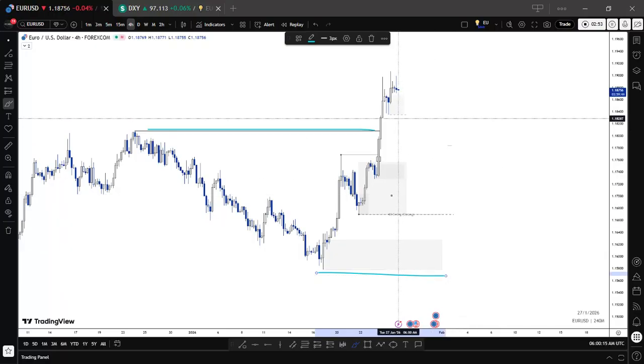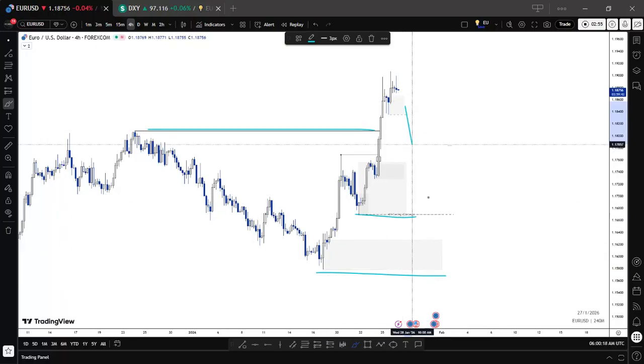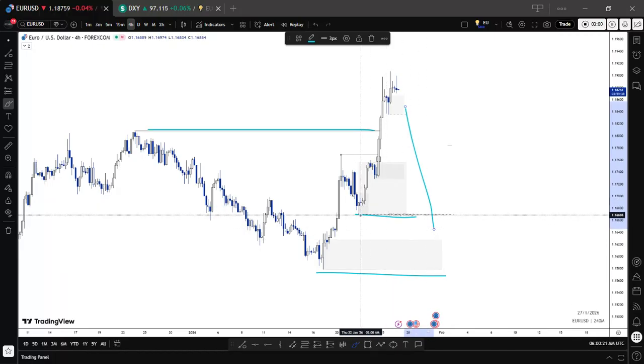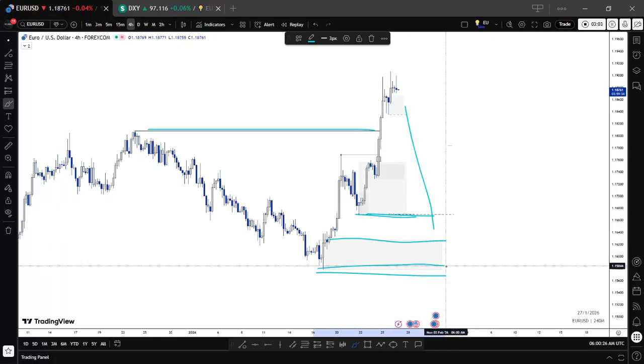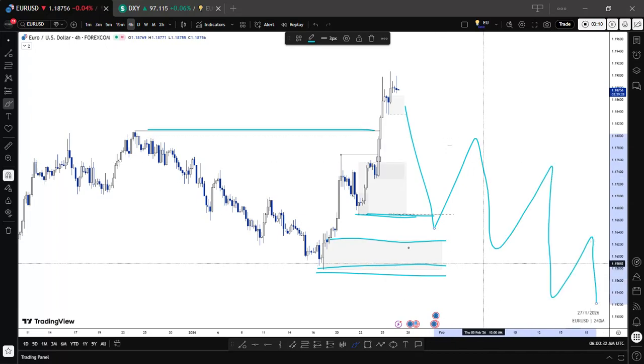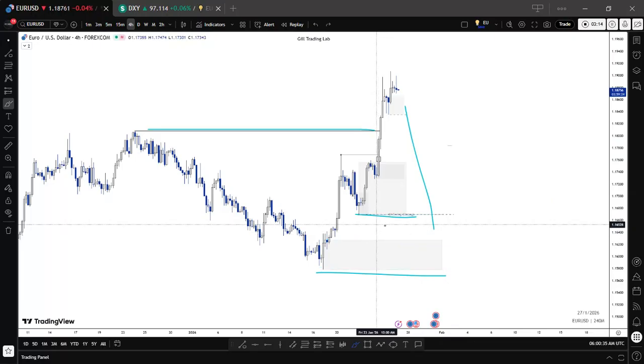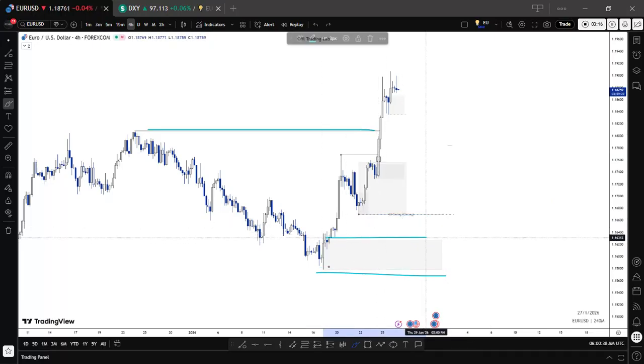So if the 4-hour switches bearish, it will just be a confirmation that price is pulling back to this extreme daily demand. It won't mean that the 4-hour trend will remain bearish forever. It will just be a confirmation that price has broken the low for price to mitigate the extreme daily demand.